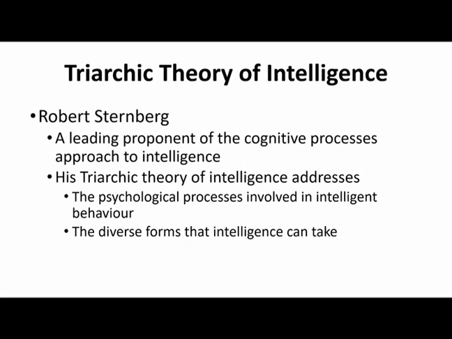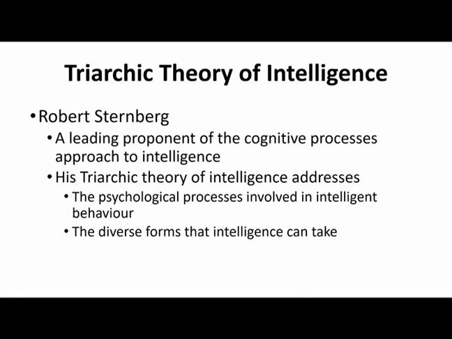He was a strong proponent of the cognitive processes approach to intelligence. He looked at the idea that those psychometric theories of intelligence could explain how people differed from one another in terms of intelligence, but they didn't explain why. And so he wanted to understand what was going on cognitively.